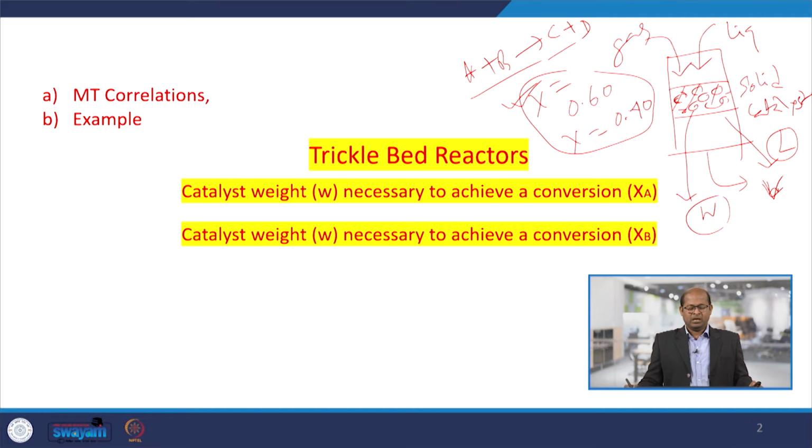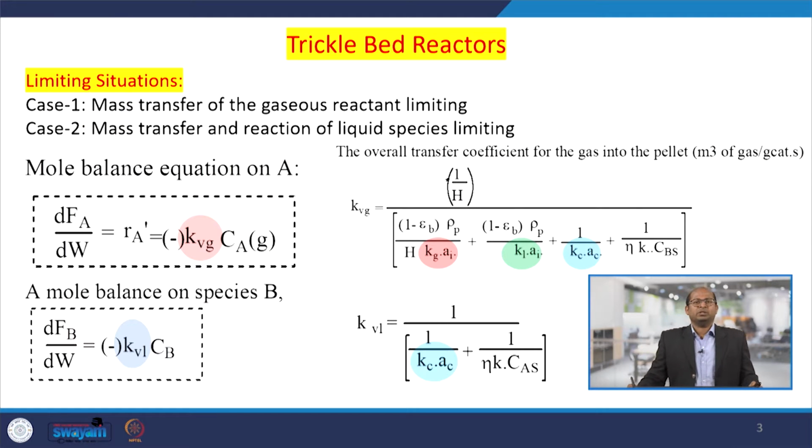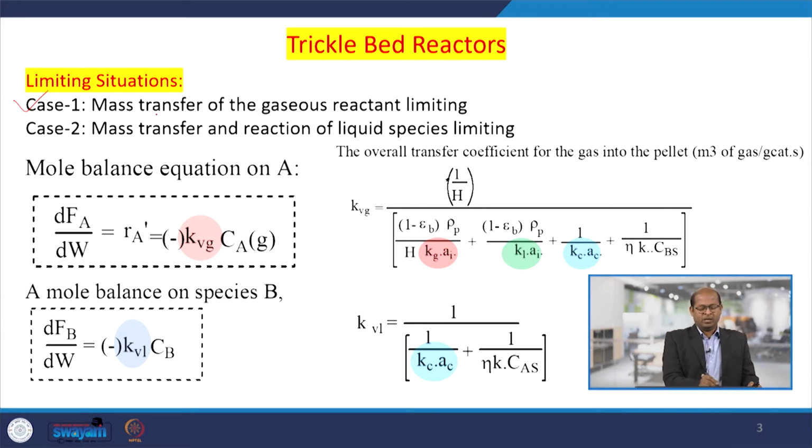Today we discuss the mass transfer coefficients. When we talk about trickle bed reactors, there are two reactant components: one is the gaseous component, and the second is the liquid component, component B. Case 1 is where mass transfer of the gaseous reactant is limiting, and case 2 is where mass transfer and reaction for the liquid species is limiting. Which component would be limiting, controlling the reaction for that trickle bed system?